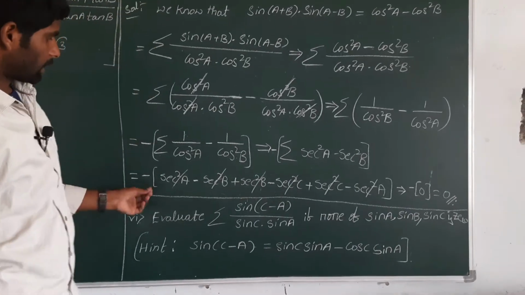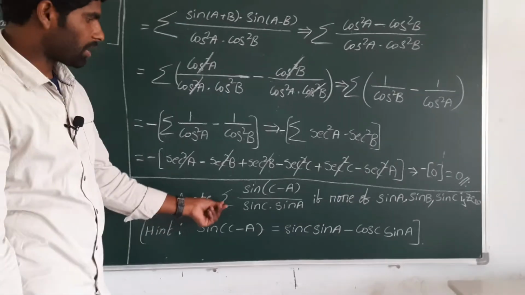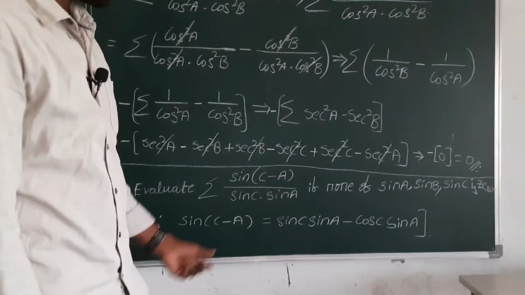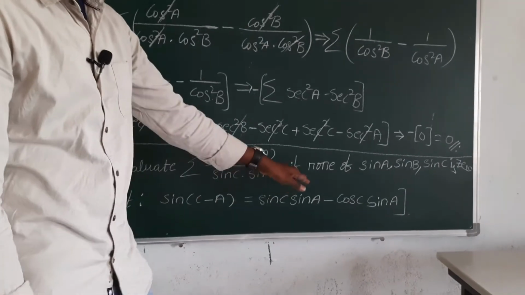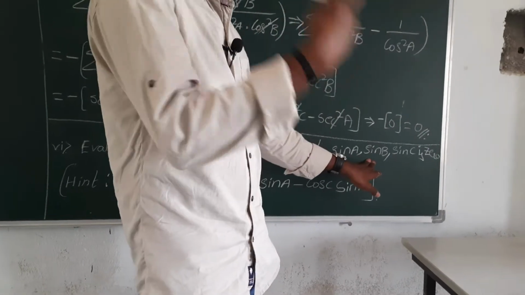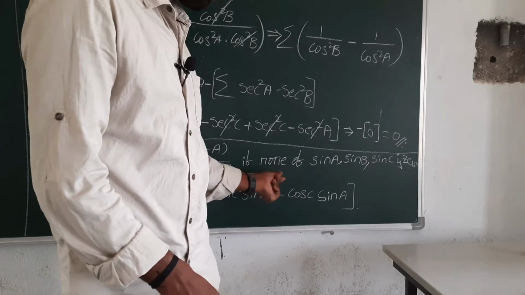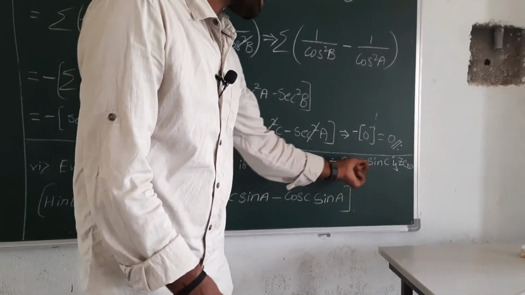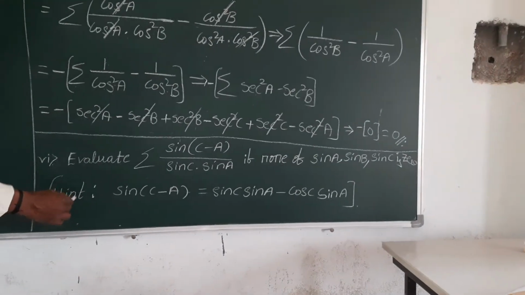Okay, clear? Next, sixth question. Evaluate summation of sin(C minus A) divided by sin C into sin A, if none of sin A, sin B, sin C is 0. Here I give the hint for you.